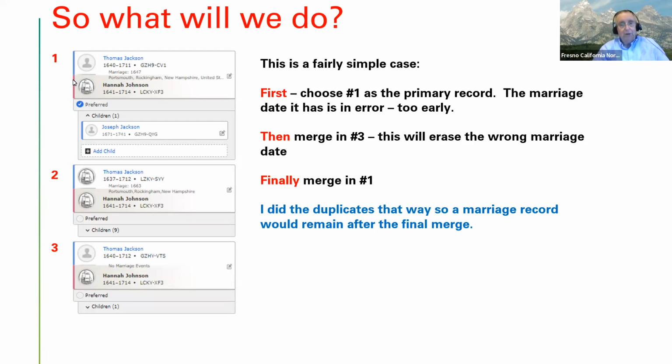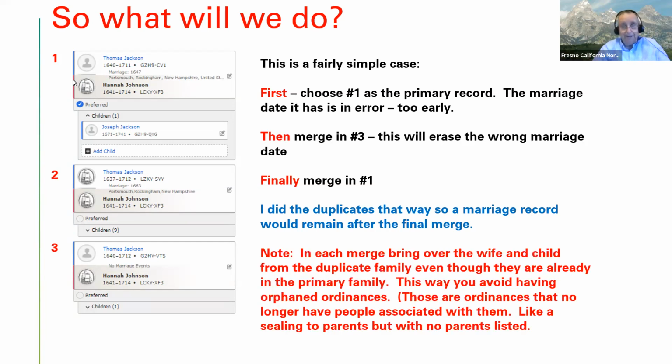And then I merged number 1 into number 2. And that left me with the correct marriage date and Thomas and Hannah together. Okay, I just played around and merged them in the order so that my last merge, I would merge into the record that's going to stay the correct marriage date. That's all I was worried about.